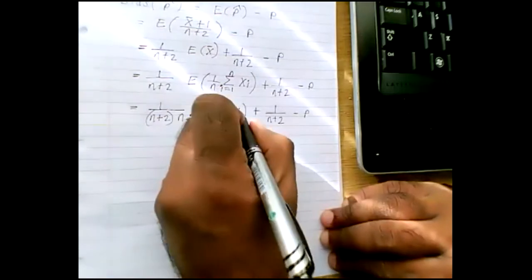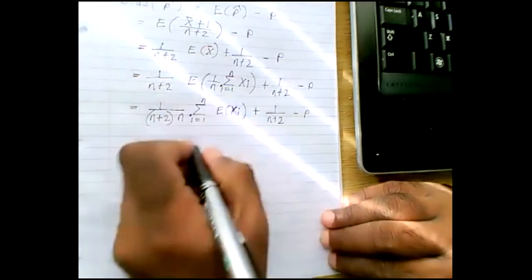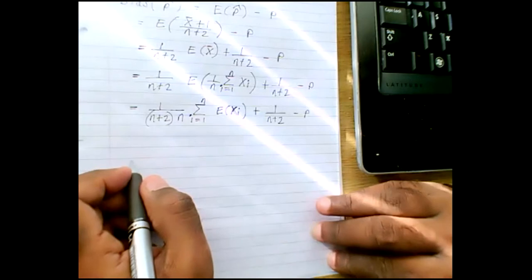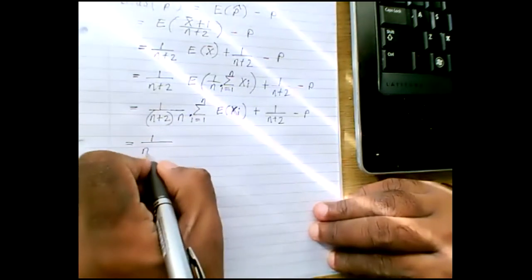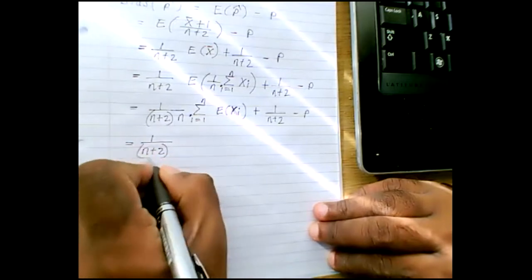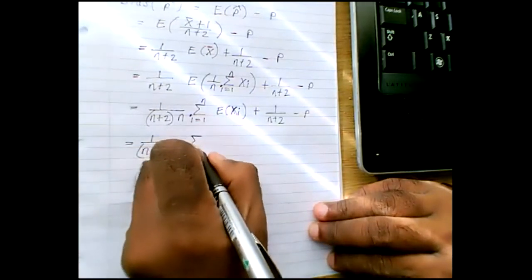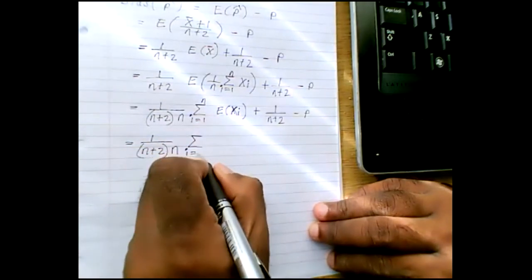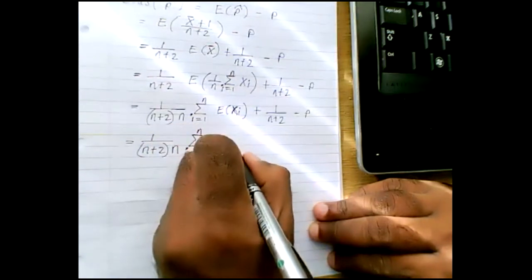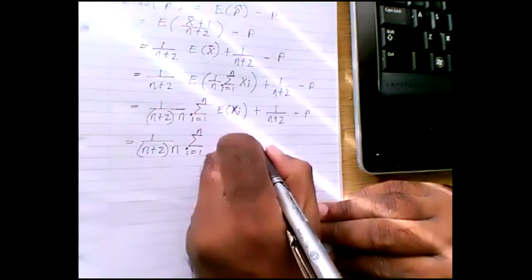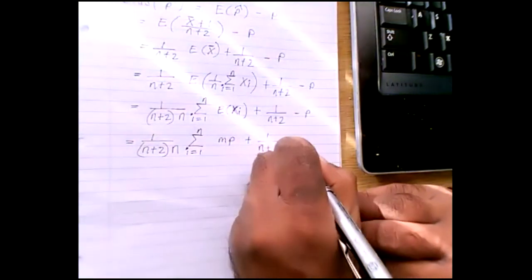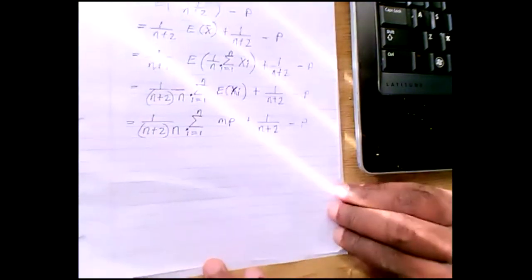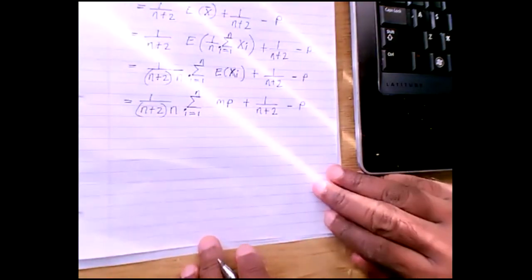I'm sure all of you know that the expected value of a binomial variable is m times p. So this becomes m times p, plus 1.